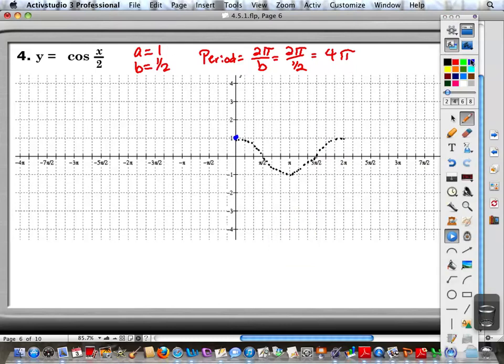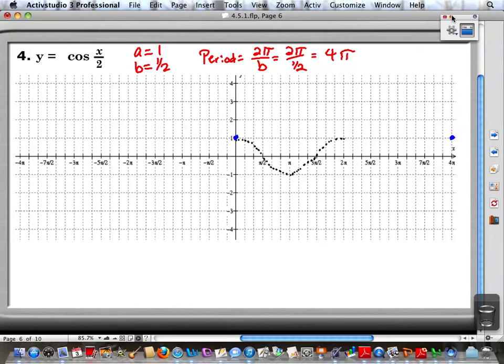So if I go back and look now at my new function of cosine of x over 2, you see at the end and at the beginning here, I'm at my maximums. My minimum would come right in the middle. Well, the middle of 0 and 4 pi would be at 2 pi. So that's where my minimum is.